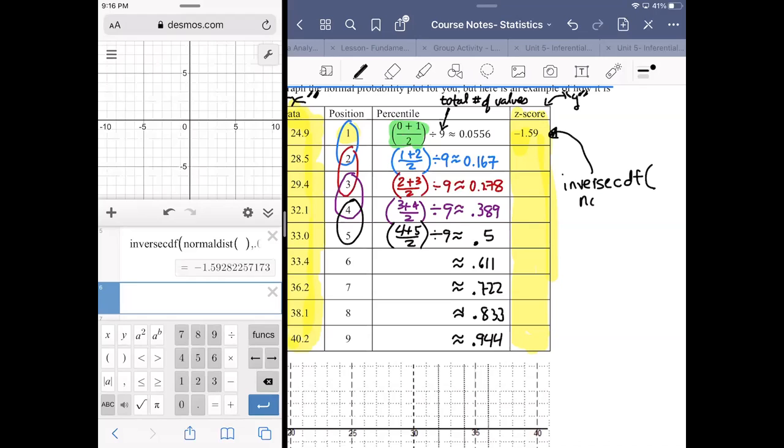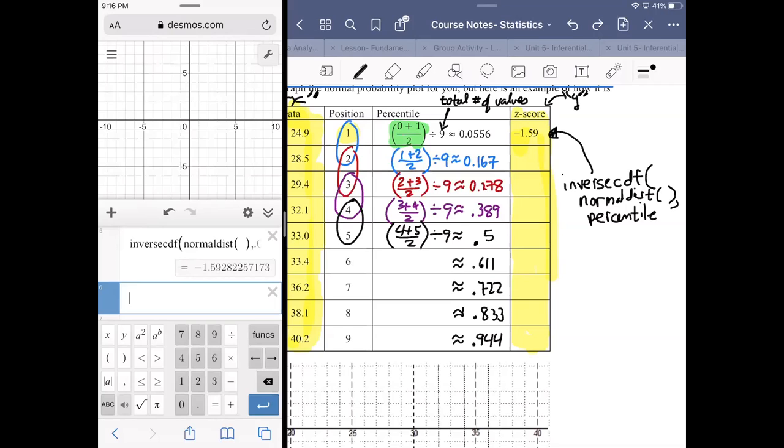Then we select the normal distribution function. Open and close parentheses. All right, and then after that it's comma, the percentile value. So it is what it is, but at least it gets us the value. There's got to be a better way, and I'll work on that.